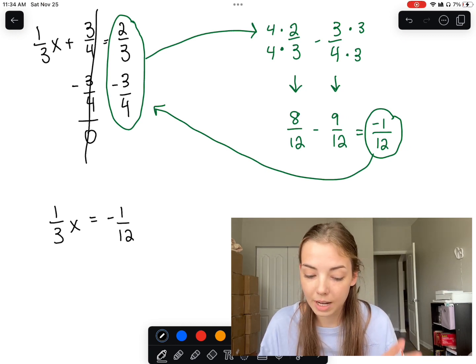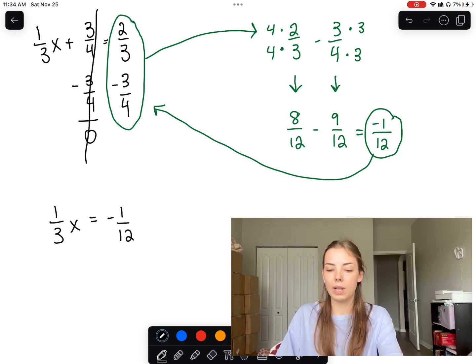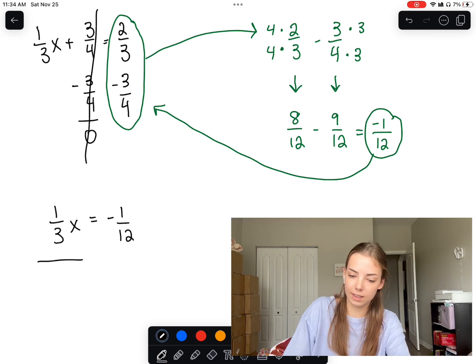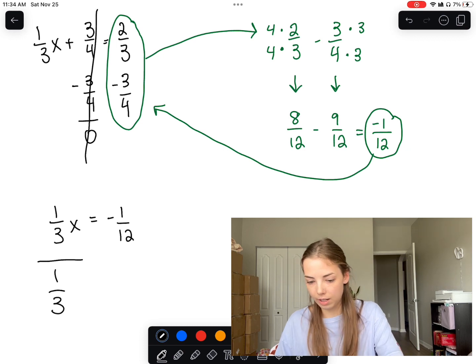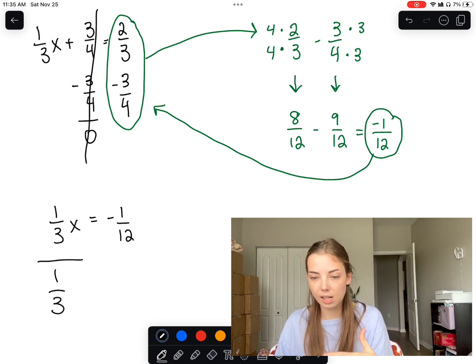So now we have 1/3 times x. So usually I've been telling you that we have to divide by what we see, and that is very true. So what we can do is we are technically going to be dividing by a 1/3 to get x by itself. So this looks crazy, right?